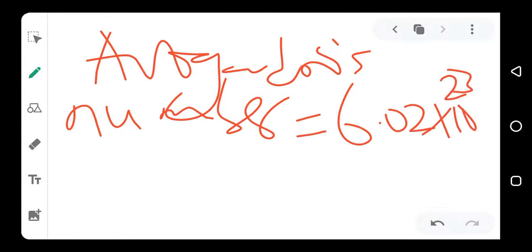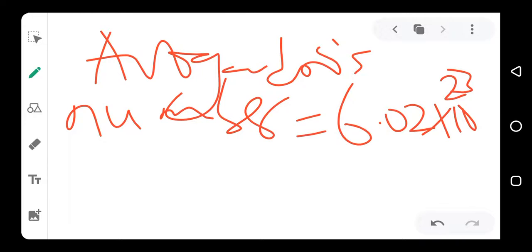So we can also define a mole as the amount of substance that contains Avogadro's number, because Avogadro's number is equal to 6.02 × 10^23.